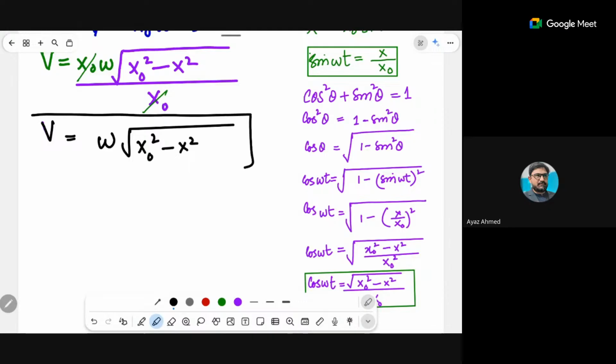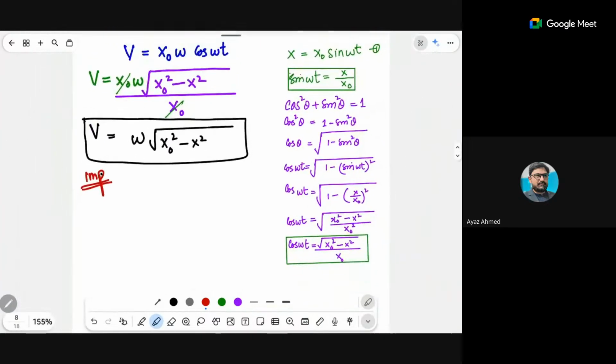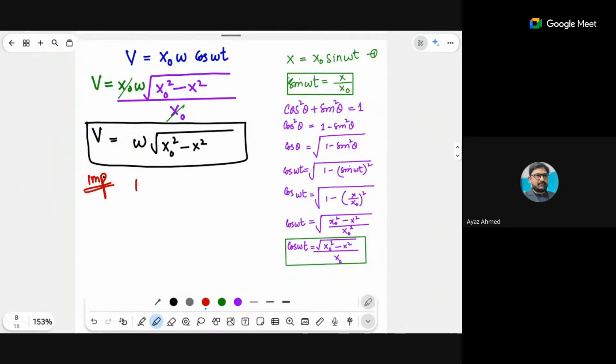So beta, this is that equation which is a very, very important equation. I am saying that this is even the most important equation of your oscillation, because this equation helps you figure out even kinetic energy, even potential energy, even total energy of the oscillation.